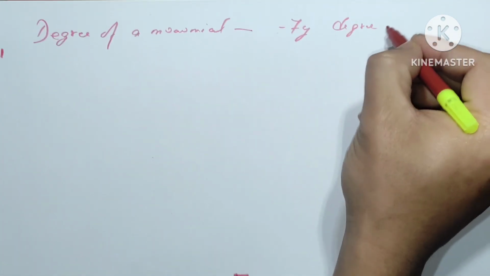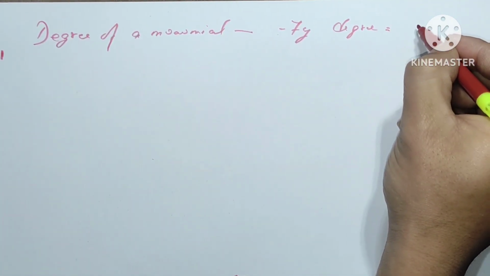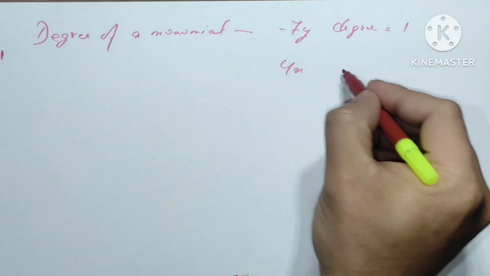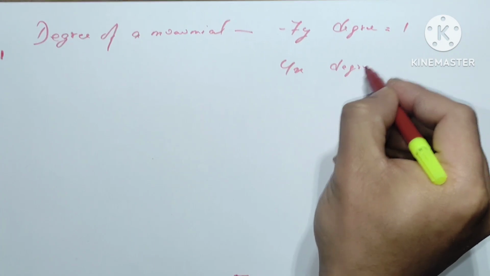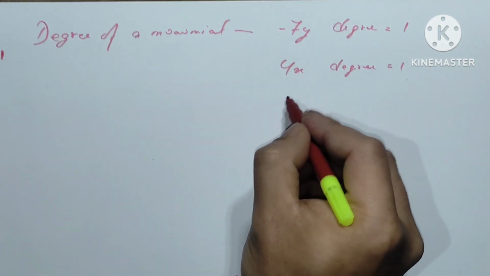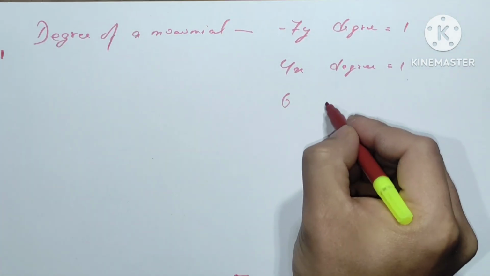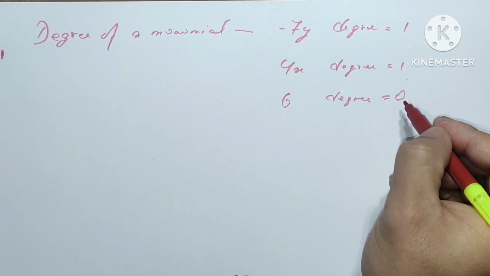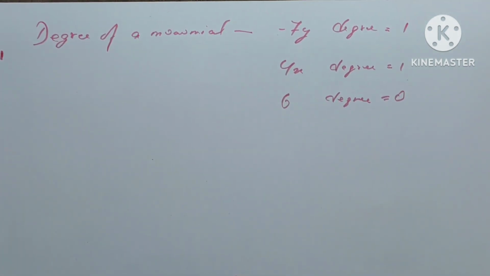We have no power, means 1y. So our degree is 1. Likewise, no power means single x. It means 1x. So our degree is 1. But here we don't have a variable. We don't have a variable means we don't have a power or a degree. It means that is 0.